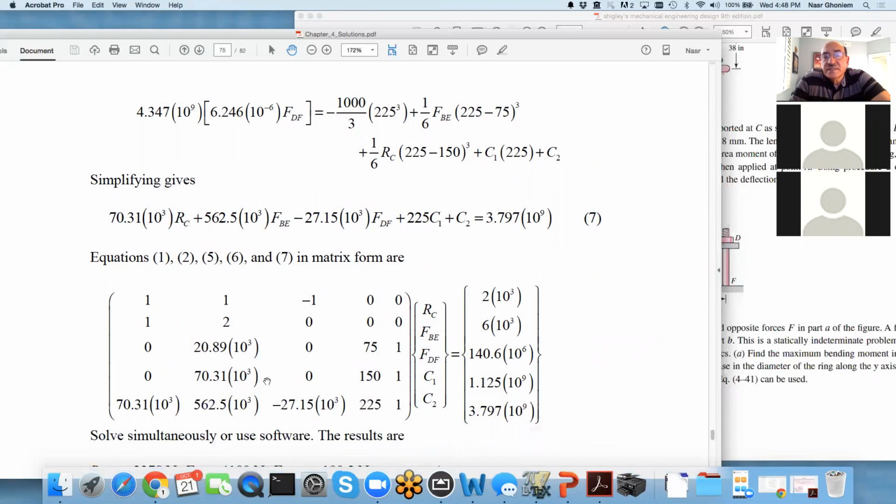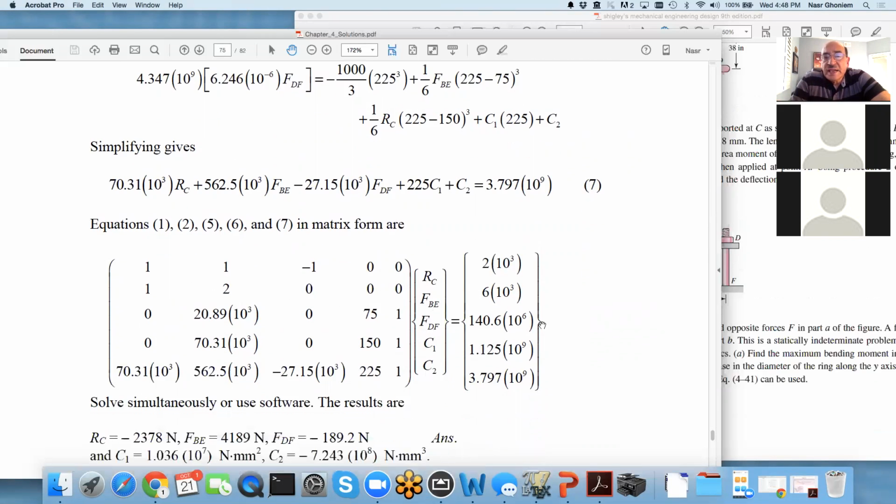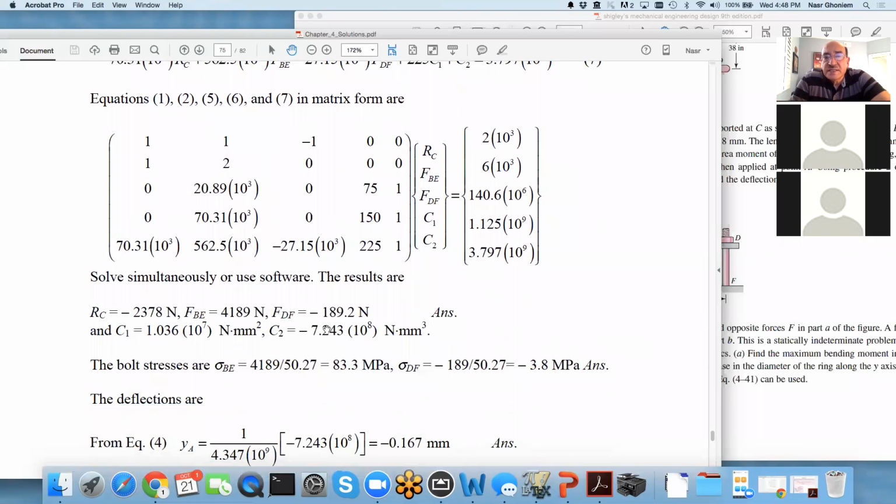This is the linear system of equations. This is the matrix of coefficients. These are the unknowns, R sub C, FBE, RDF. These are 3 forces and 2 constants of integration from the deflection equation. And for this I can use MATLAB. If you just build the matrix A in MATLAB and the force vector F, then by inversion, it's one simple line in MATLAB, you get the results, as you can see here.